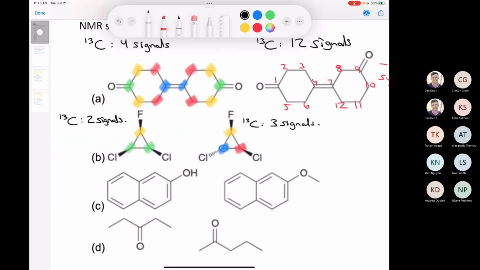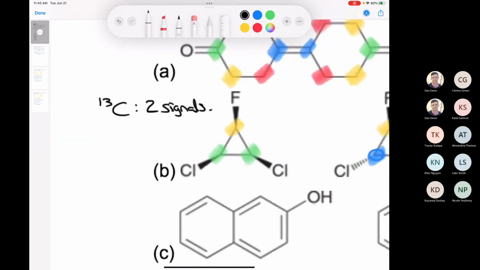Now you might be wondering, what about the proton NMR, Mr. Dion? Well, if we look at the compound on the left, of course, you have protons. You have a proton pointing down here, you have one going down here, and you have one going down here. You're going to see 2 signals in the proton NMR spectrum as well, because these 2 protons are chemically equivalent.